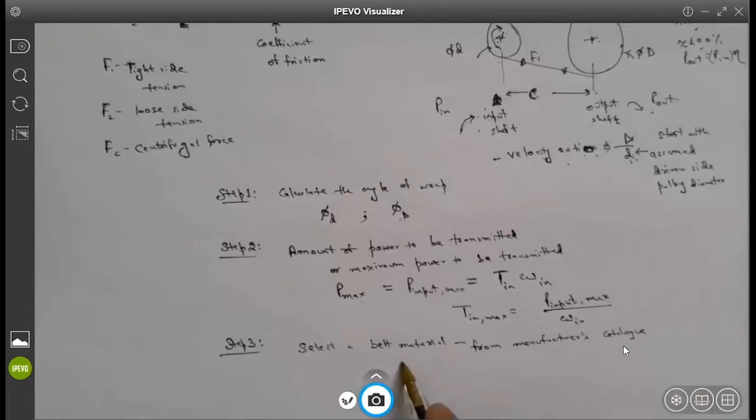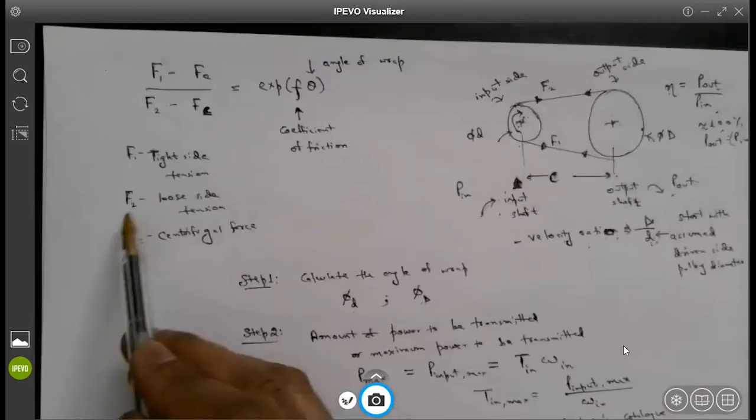And that will give you F1 allowable. What is F1 allowable? It is basically the maximum belt tension that is allowed. The subscript one represents the tight side tension. Remember, F1 is the tight side, and F2 is the loose side.